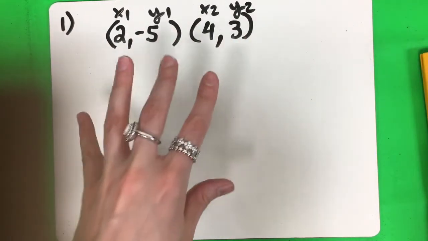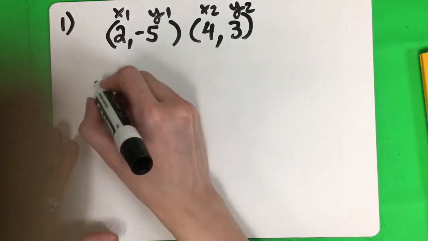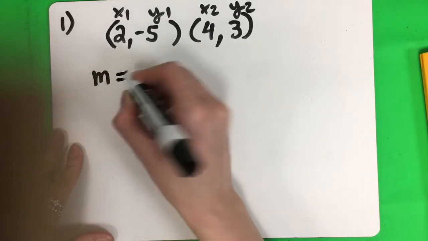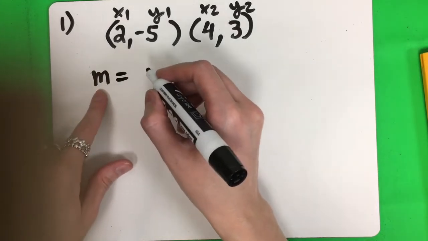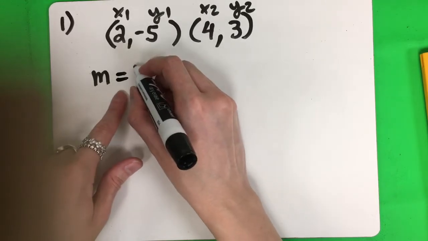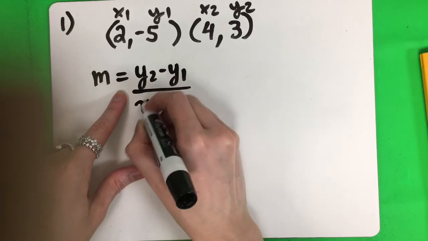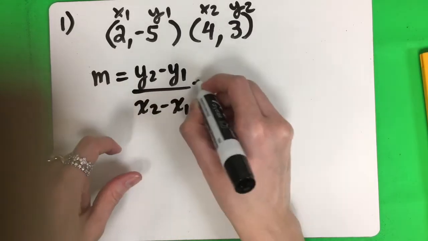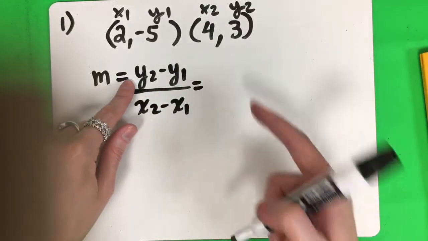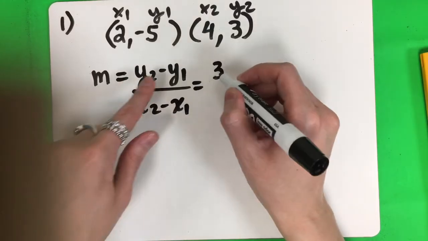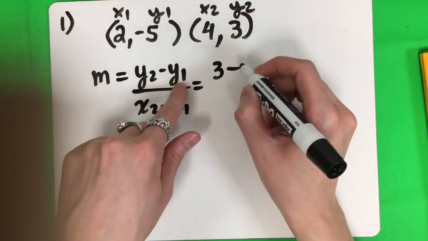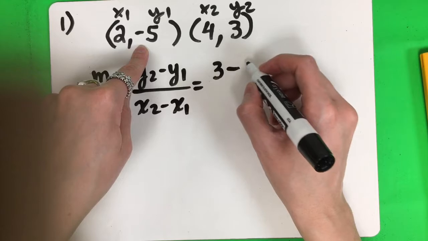When you have 2 points, you need to go ahead and do the formula for rate of change or slope. So remember, M is slope or rate of change. M equals y2 minus y1 divided by x2 minus x1. Okay, y2 is 3. Copy the minus. y1 is -5.